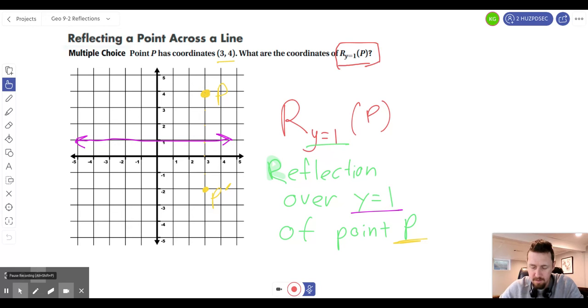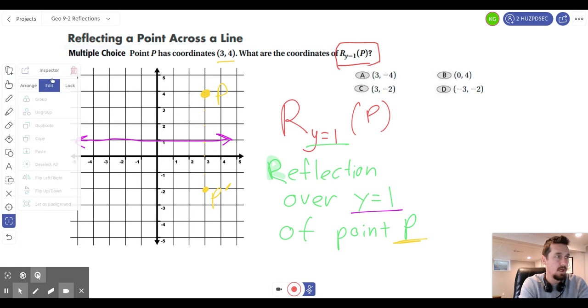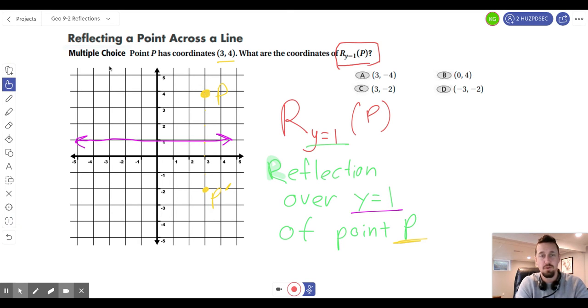So we did it. Here are the choices. This question was designed to be a multiple choice question, and here are your choices for what that point might be: A, B, C, and D. If you didn't have a graph to work with, you might think, well, if I'm reflecting over a horizontal line, then one will be directly above the other, just like we saw in the Eiffel Tower picture.